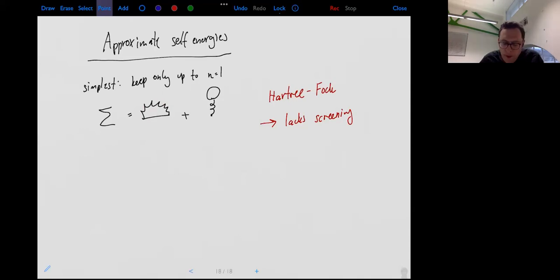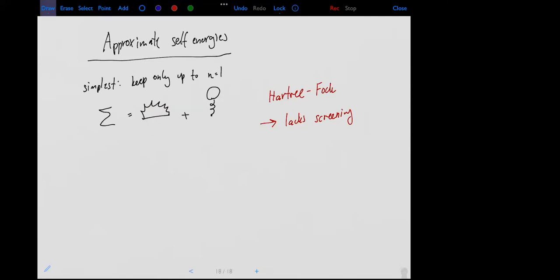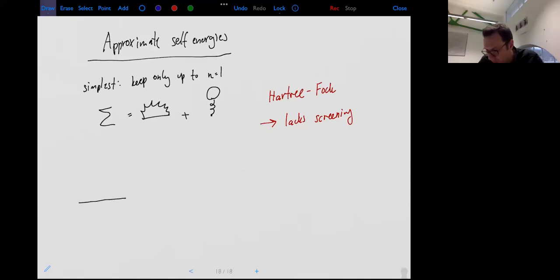So what we might be tempted to do is look for diagrams that have a similar structure as this one, but are at higher order. And there are actually diagrams that do fulfill this criterion. So this is the Hartree-Fock exchange. But then there's, for example, a diagram that looks like this, right?